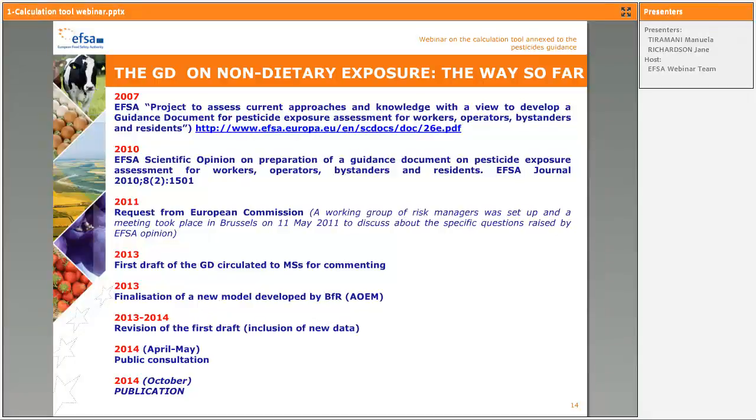This resulted in a document which is published on our website, which led to the preparation of a scientific opinion in the PPR panel with regard to the non-dietary exposure to pesticides, and in the opinion the panel prepared a draft guidance in view of an activity to be done in this field.